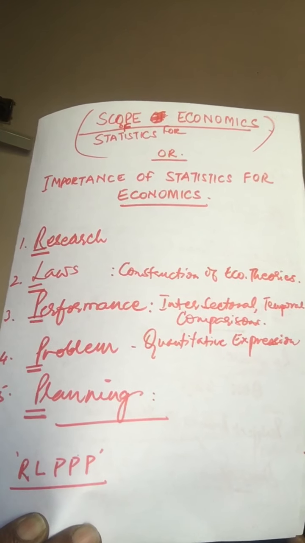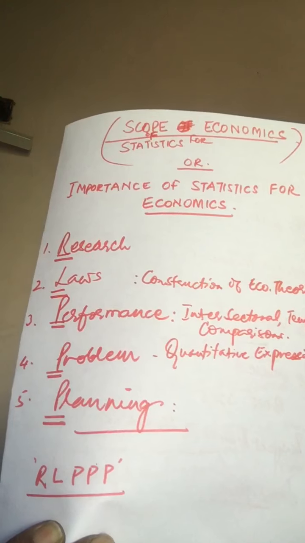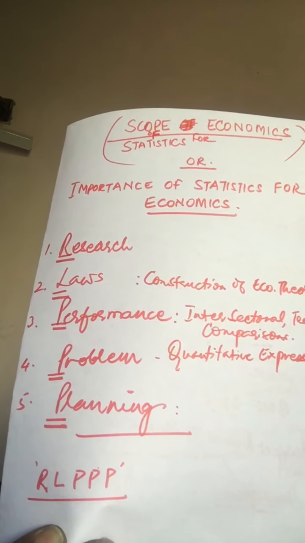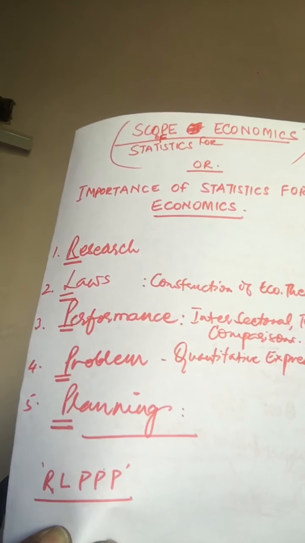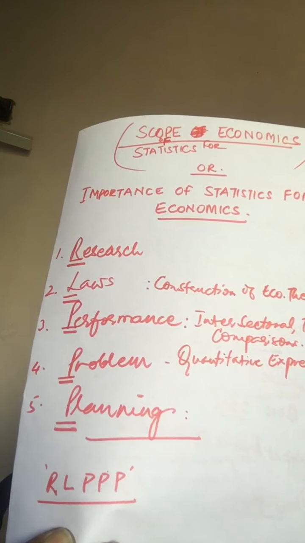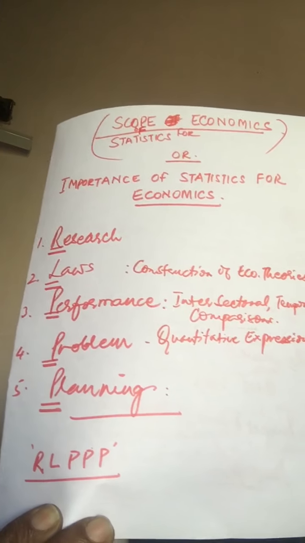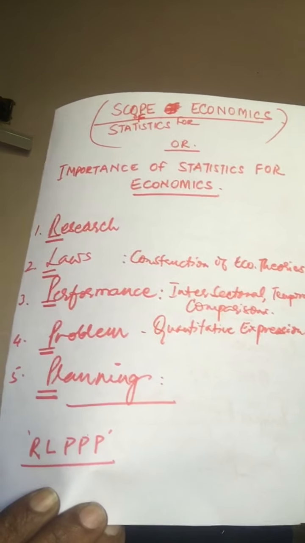For example, take the impacts of COVID-19 and how the government has tackled that problem, or its impact on national output and employment. We can all know about it with the help of statistical data, which is being collected even as I speak right now.